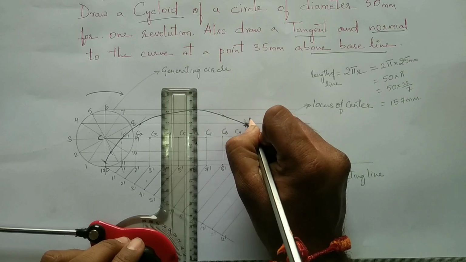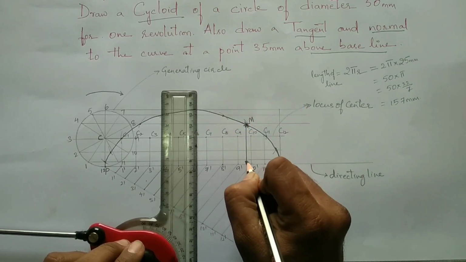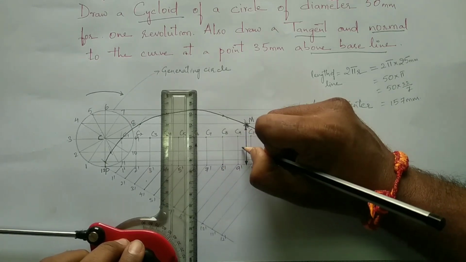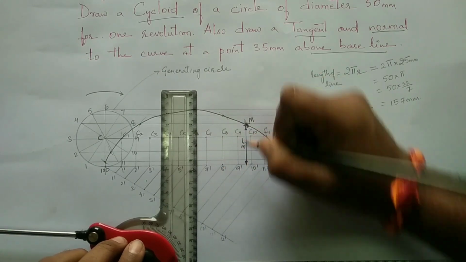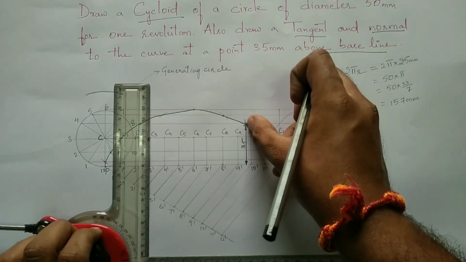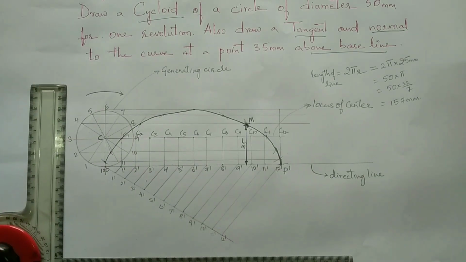Let me mark that point as M. So this is the distance of around 35 mm. From the base, here is the point that it is touching, and there I am marking it as M.